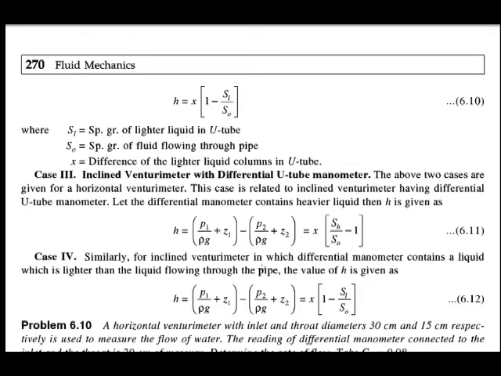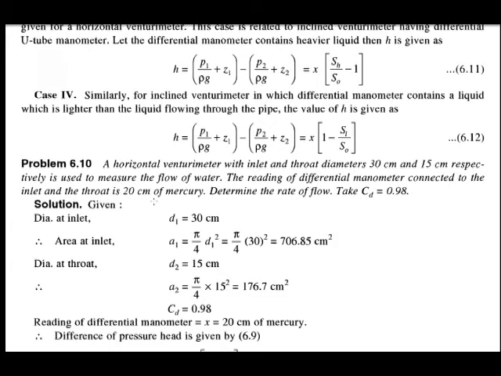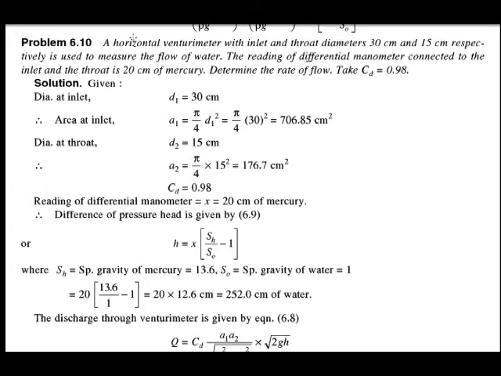Hope you understand all these concepts and all the cases. Now we will move towards the problems. Our first problem is a horizontal venturimeter with inlet and throat diameters of 30 centimeter and 15 centimeter respectively.